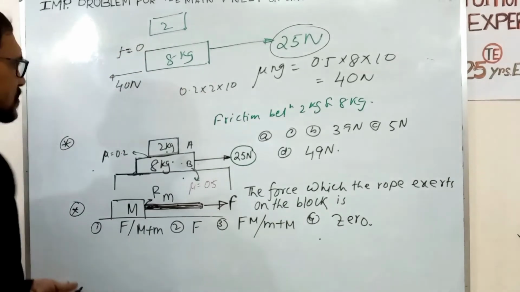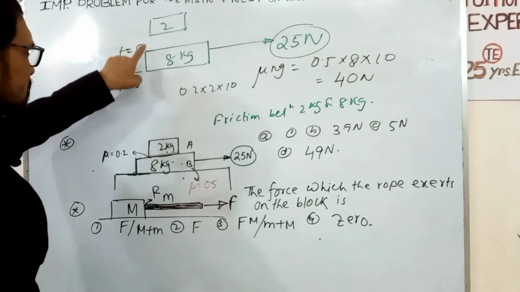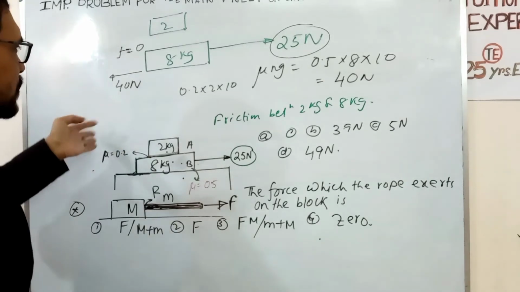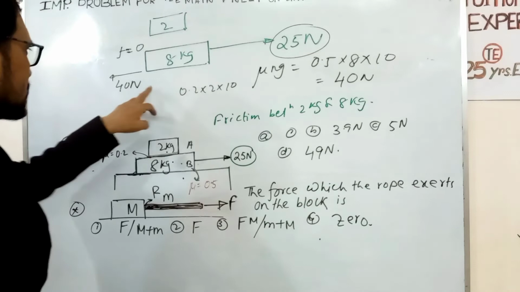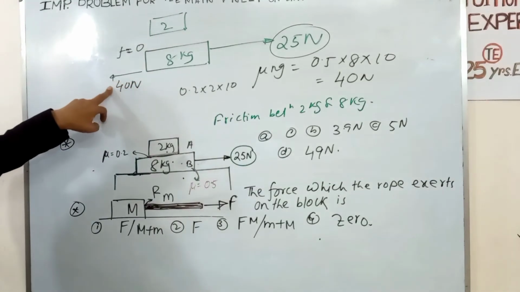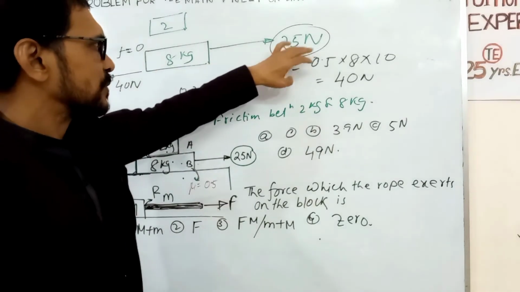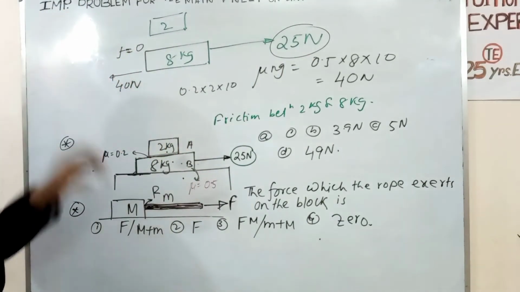Among these two, this body also exerts friction force when it is required, but here the force is 25 Newton and the maximum friction force is 40 Newton, which is enough to prevent the 25 Newton. So this force is not required. So here friction force is 0.